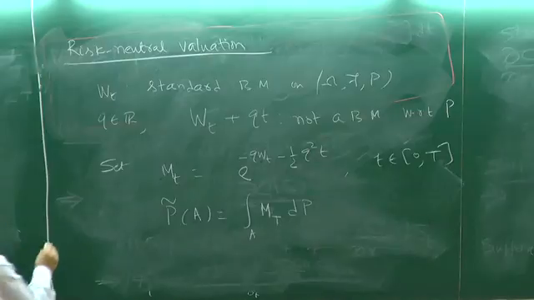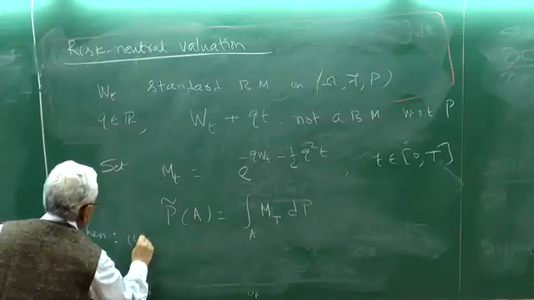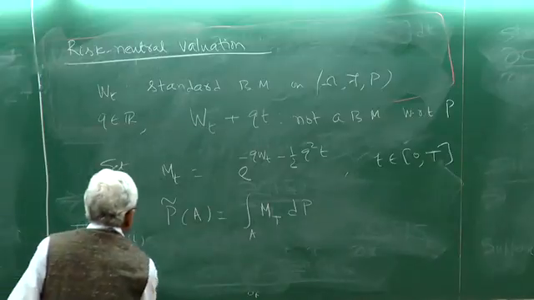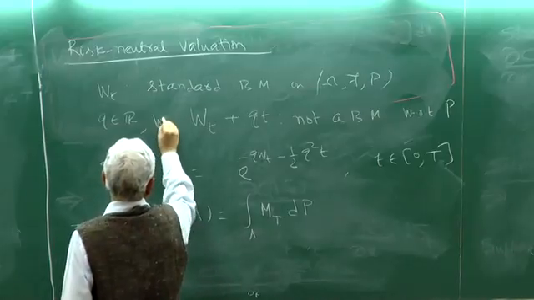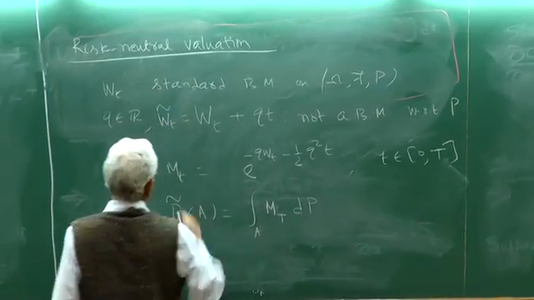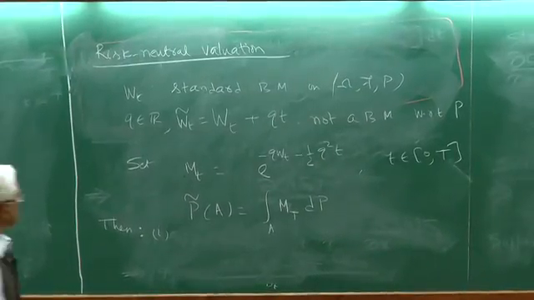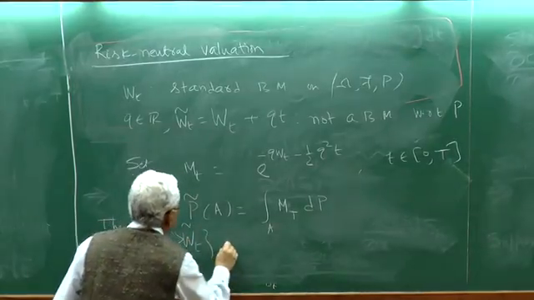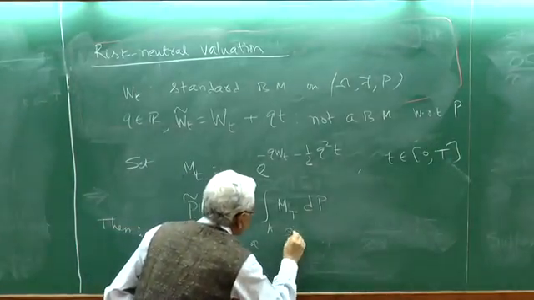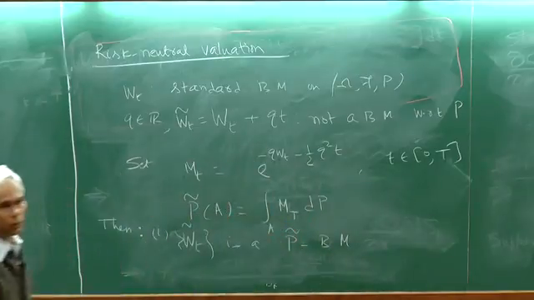Then the conclusion is: let's call this W_t tilde equal to W_t plus qt. Then W_t tilde is a P tilde Brownian motion.